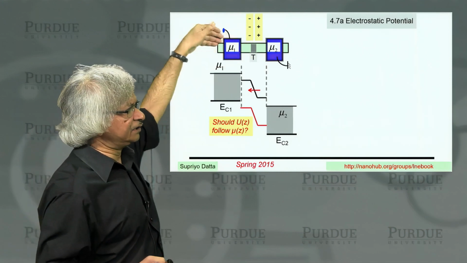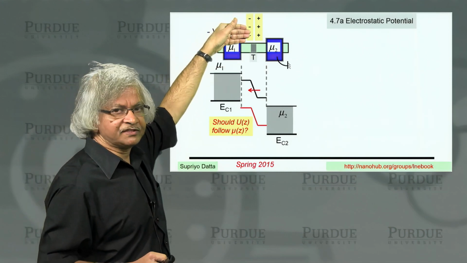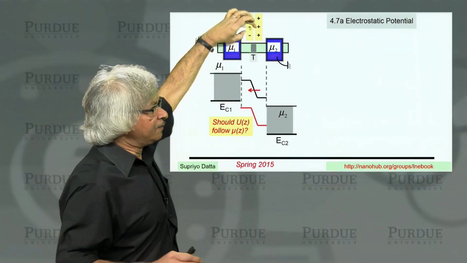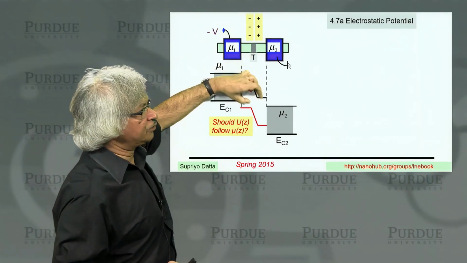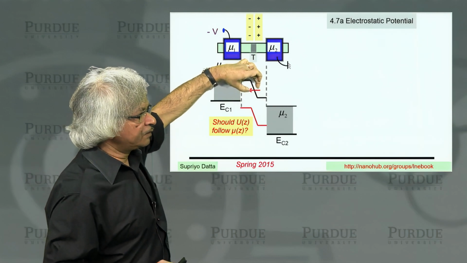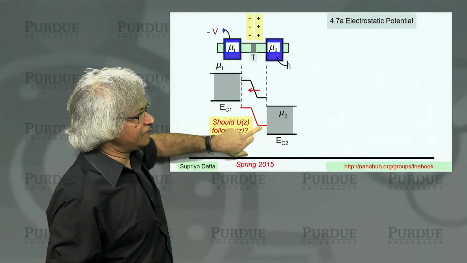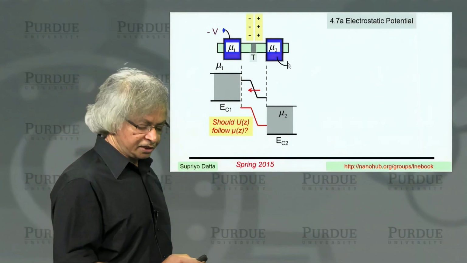There's this obstacle, electrons are piling up on this side, and there's a dearth of electrons on the other side. But you need that in order to create this electric field, which needs to be consistent with this variation in the electrostatic potential.